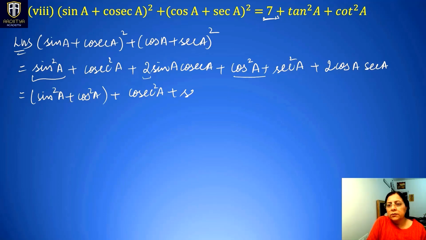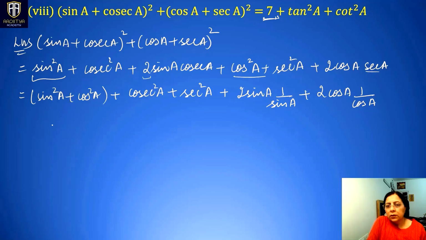We also have secant square A. Then we have 2 sine A, and cosec A can be written as 1 upon sine A. 2 cos A, secant A can be written as 1 upon cos A. Right? Now we have segregated these expressions.